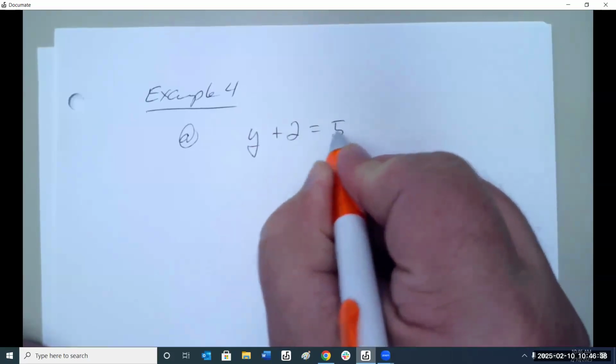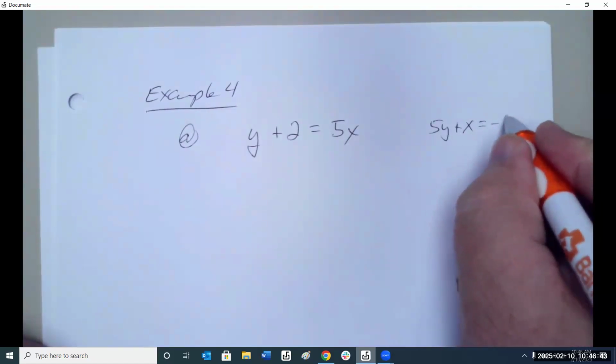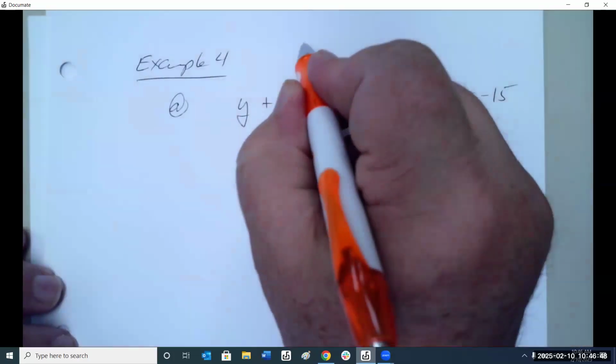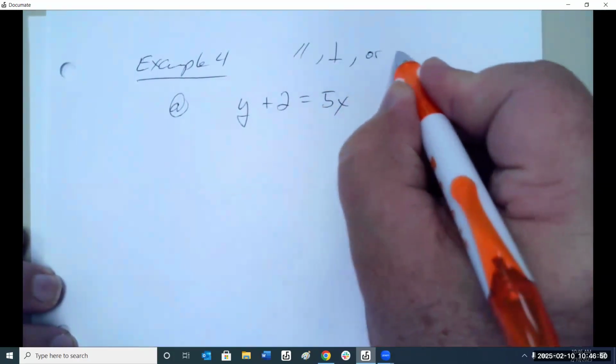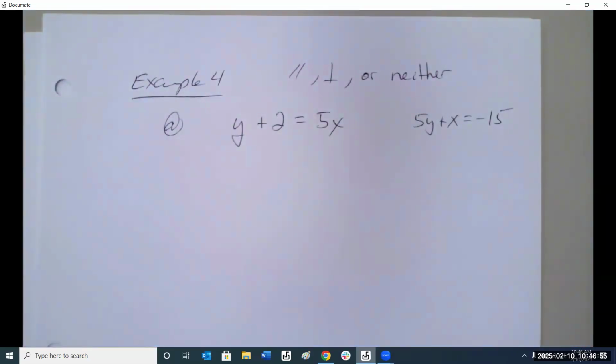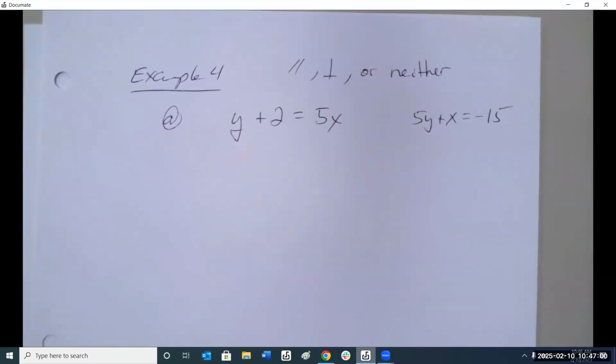Let's do a couple of examples. y plus 2 equals 5x, and 5y plus x equals -15. Tell me if they're parallel, perpendicular, or neither. What form do they have to be in to determine this?